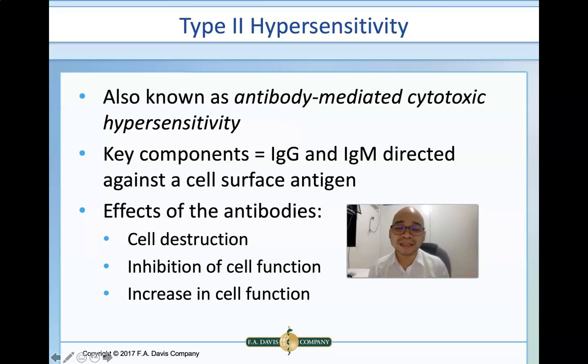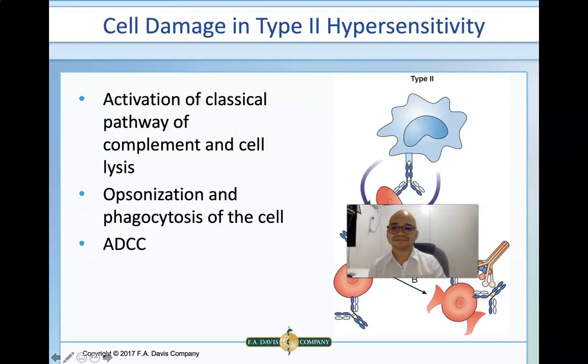So there would be cytolysis. So that's why it is also known as the cytotoxic hypersensitivity reaction, which will eventually inhibit the cell to do its function, or in some cases, increase cell function.